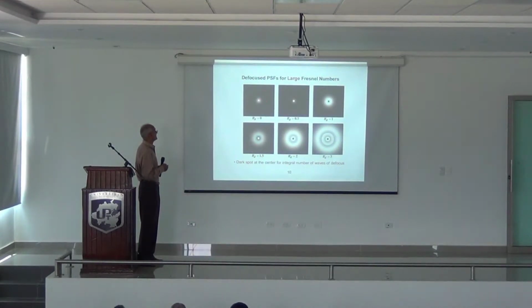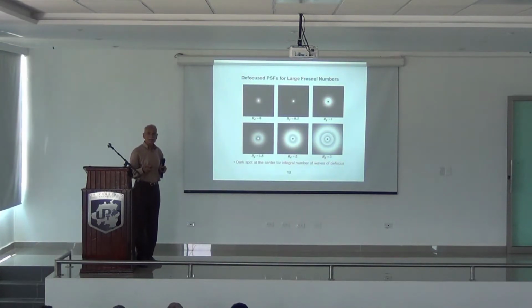This is the Airy pattern, half a wave of defocus, one wave, 1.5, 2, and 3. One thing you notice is if it is an integral number of waves, B sub D equal to 1, 2, 3, the center is dark. Center is dark because for integral number of waves, the central value goes down to 0, or Strehl ratio is 0.